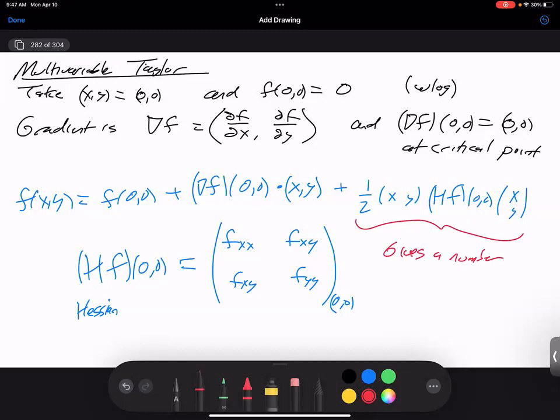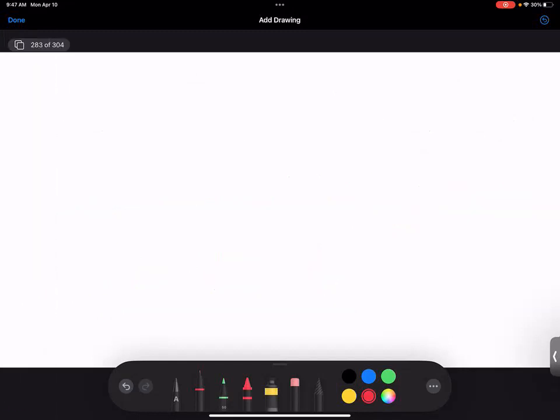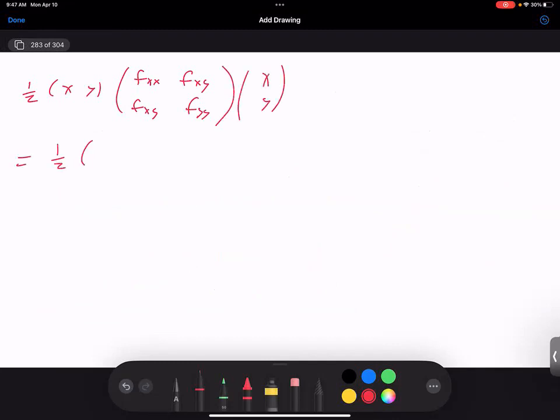Right. So let's see what we would actually get if we start expanding things out. So I have 1/2 x y times the matrix fxx, fxy, fxy, fyy, times x y. So I have to do my matrix multiplication. It's x y, and then I'm going to get fxx times x plus fxy times y, and fxy times x plus fyy times y. Then when I multiply them out, it's basically like a dot product again.